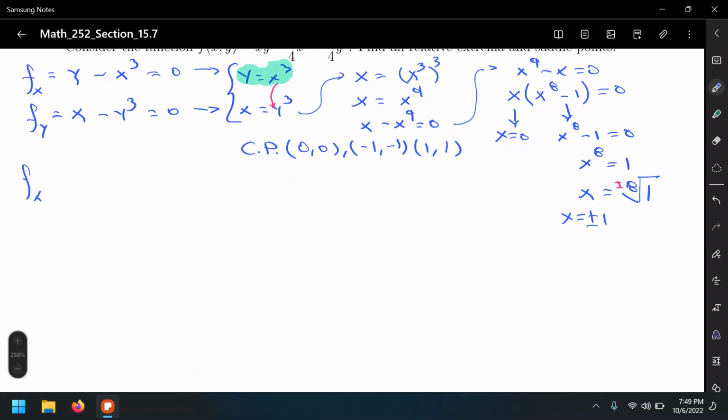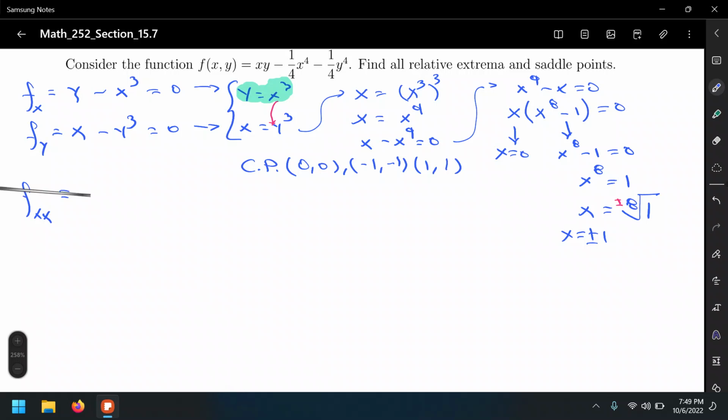So f second partial with respect to x, in this case that's going to be -3x squared. f with respect to y, that's -3y squared, and fxy, that is the derivative that we got with respect to x first, do it with respect to y, the second term zeroes out, and the partial derivative is just 1.